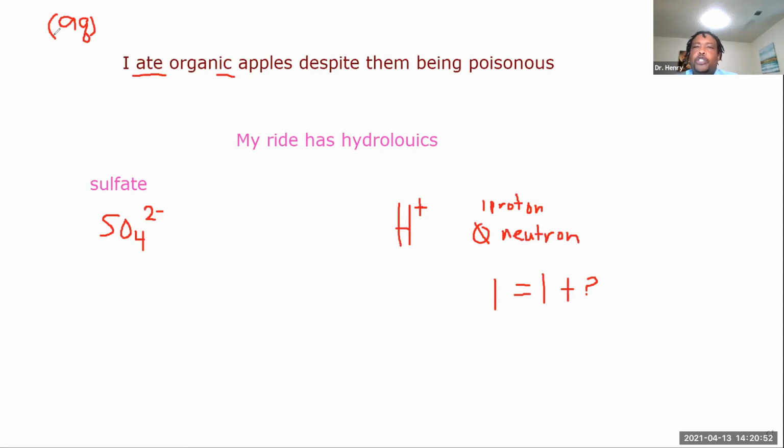So here we have sulfate. If we have H2SO4 (aq), we call this sulfuric acid.